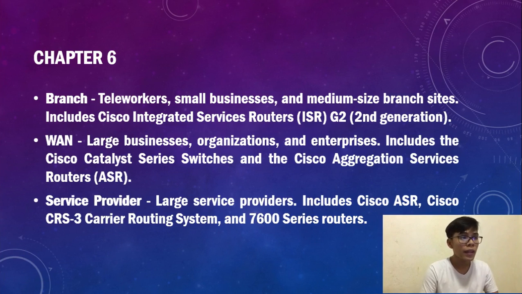While the WAN, for large business organizations and enterprises, includes the Cisco Catalyst series switches and the Cisco Aggregation Services Routers or the ASR. The service provider, for large service providers, includes Cisco ASR, Cisco CRS-3 Carrier Routing System, and the 7600 series routers.